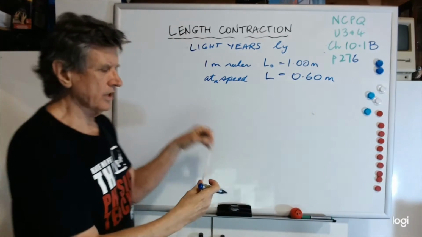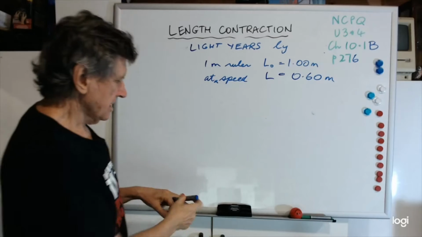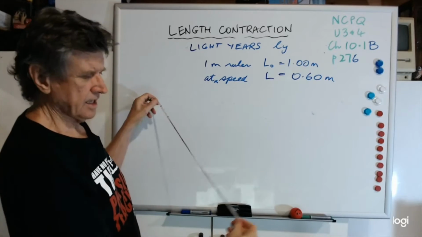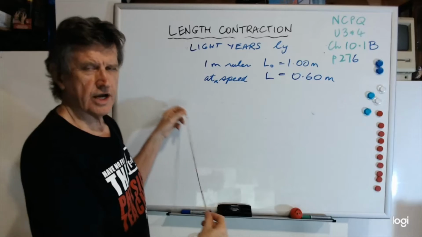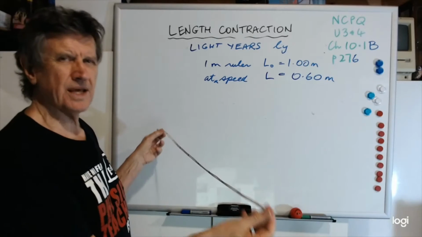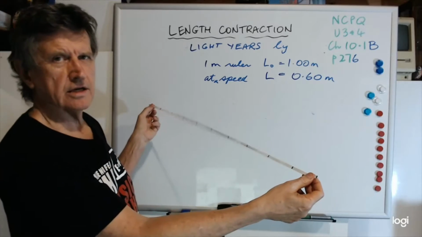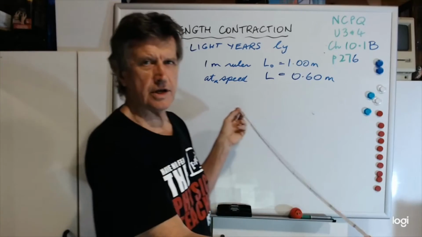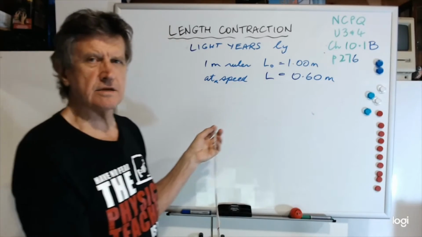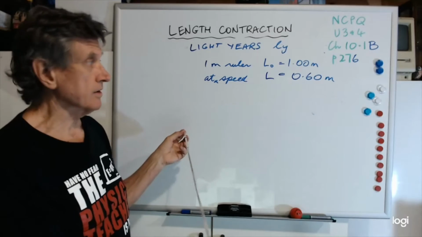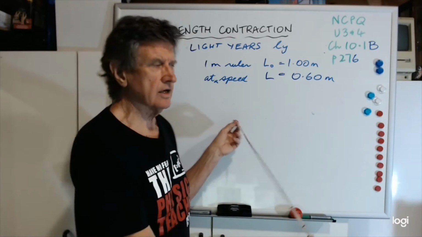Now that's really contracted. So not only would it appear contracted, and students say, does it just appear to be contracted or is it really contracted? It is really contracted, because after all, you're measuring it, and what other basis have you got for determining whether it's contracted or not other than measuring it?